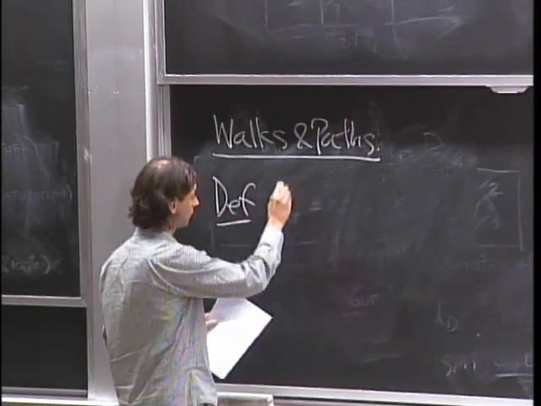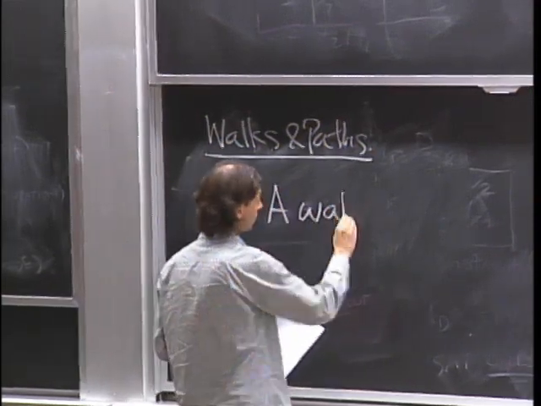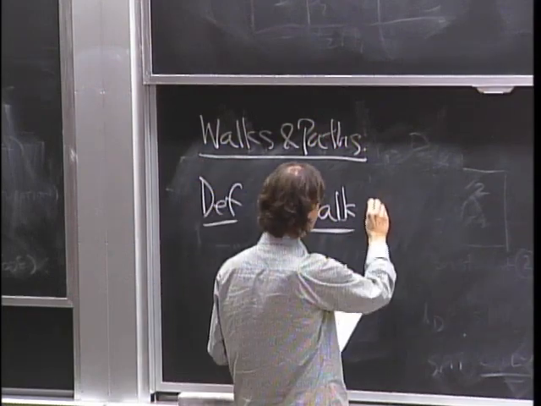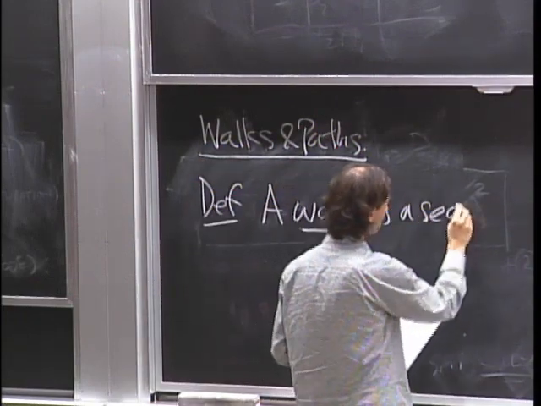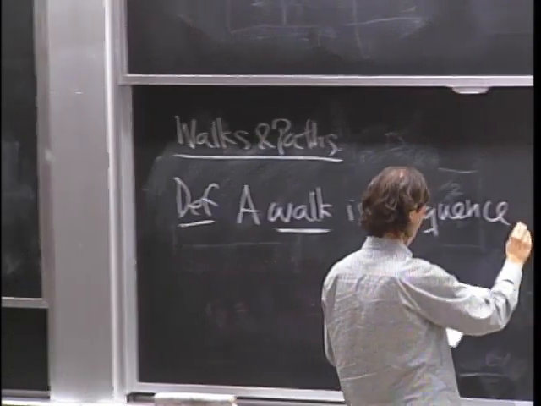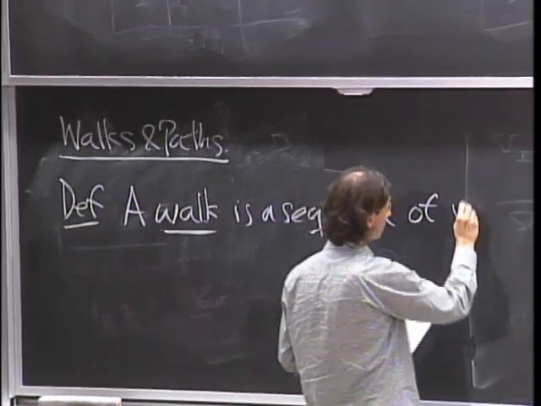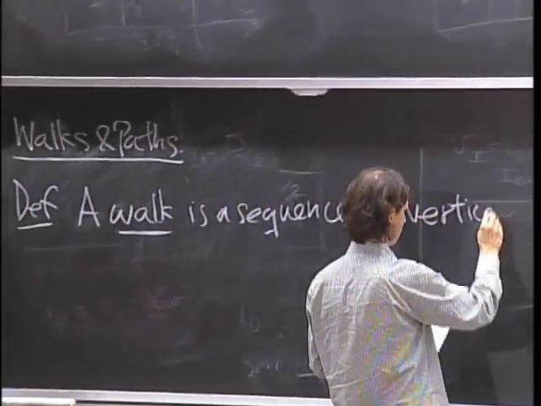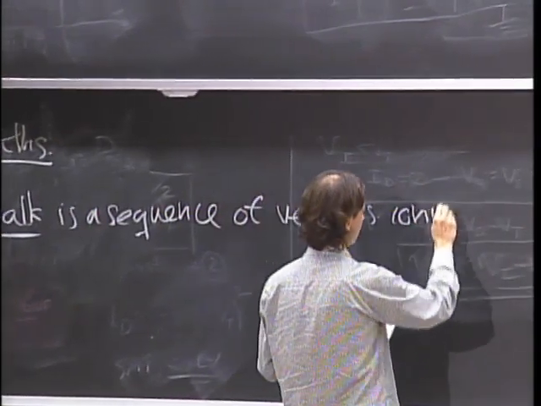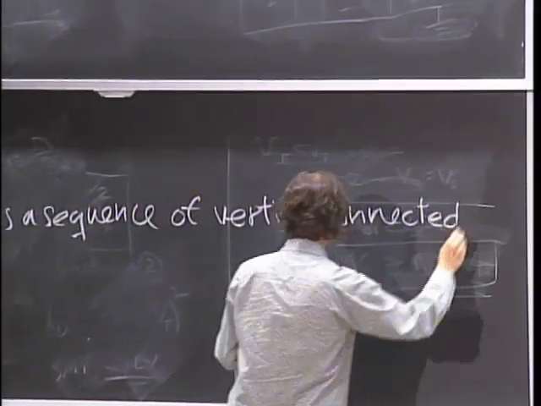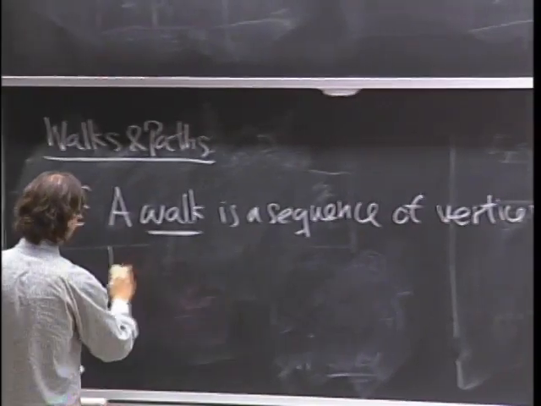So how do we define this? A walk is a sequence of vertices that are connected by edges.